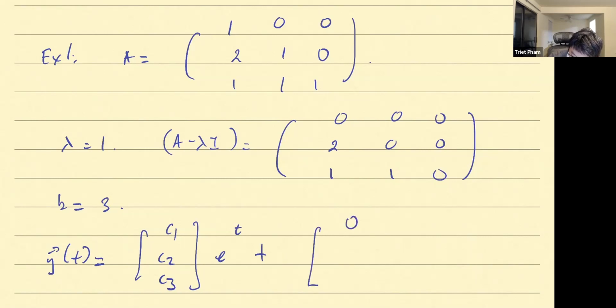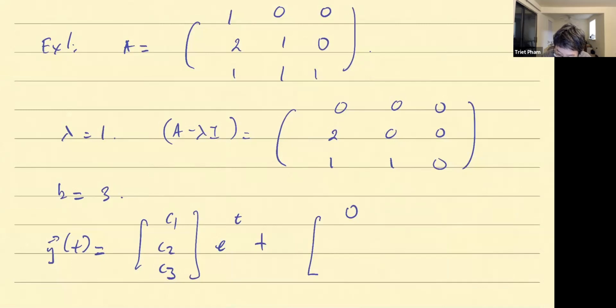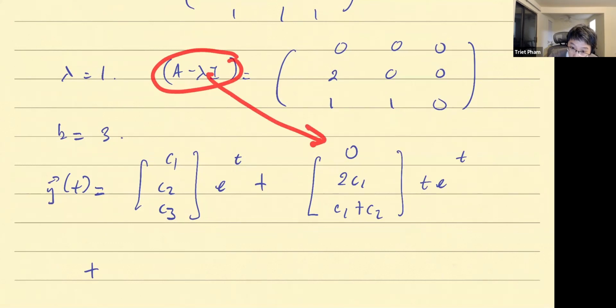Then the second one is 2C1, right? And then you got C1 plus C2. This one, t e to the t. And then what's the last one? The last one is A minus lambda I squared. Or you just have to do A minus lambda I times this guy.